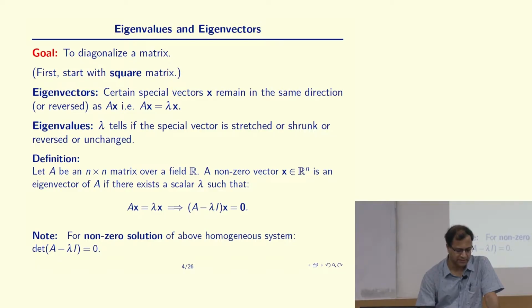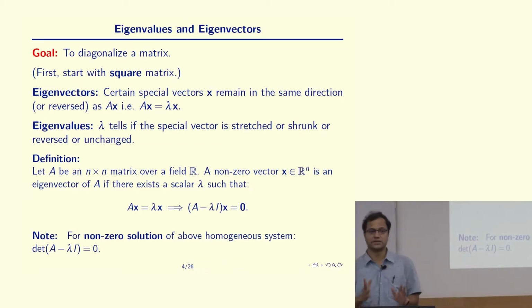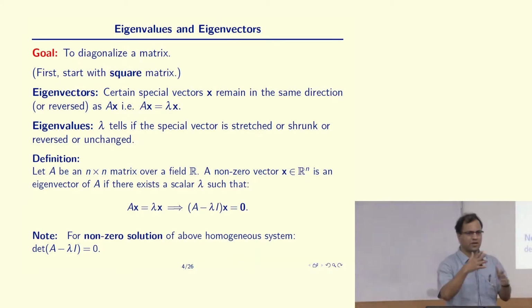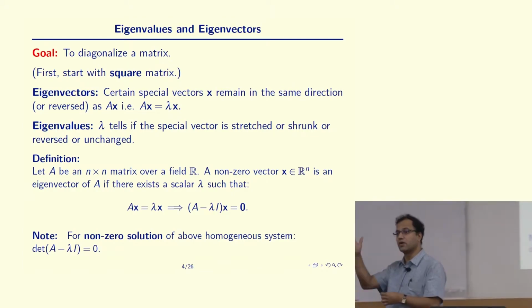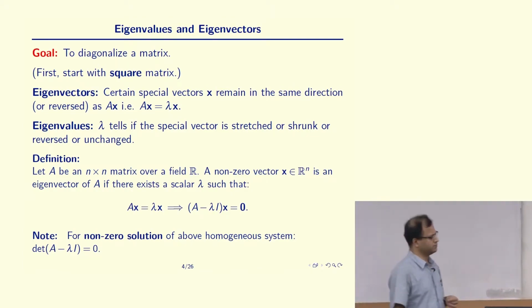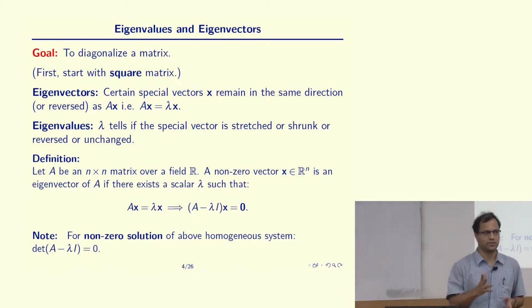We can write this as a system of homogeneous equations, right? A system of n homogeneous equations with n unknowns. We know that this system will always have a zero solution. The zero vector will always be a solution of this system. We are not interested in the zero vector when we are considering the eigenvector. Whenever we define eigenvectors, we say that these are non-zero vectors. So when will this system have a non-zero solution?